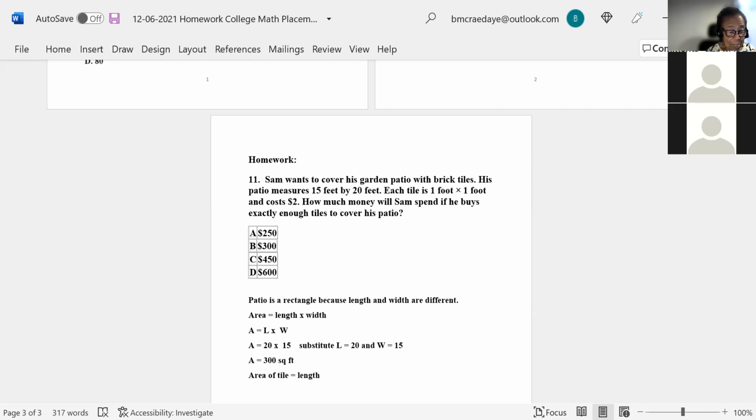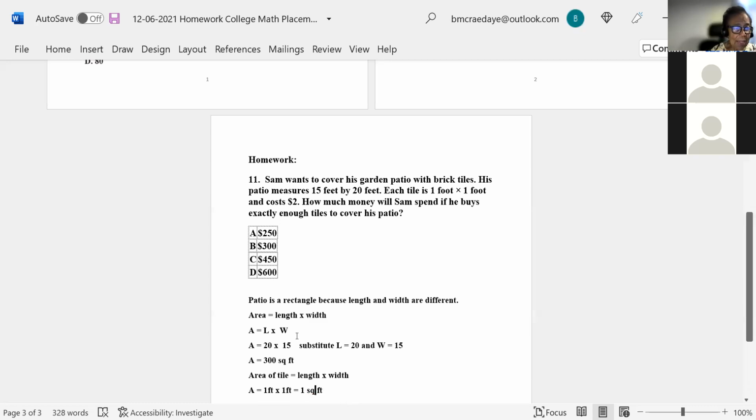So the area of the tile is length times width, 1 foot times 1 foot, and that's equal to 1 square foot. So now we know the area of the tile and the area of the patio.